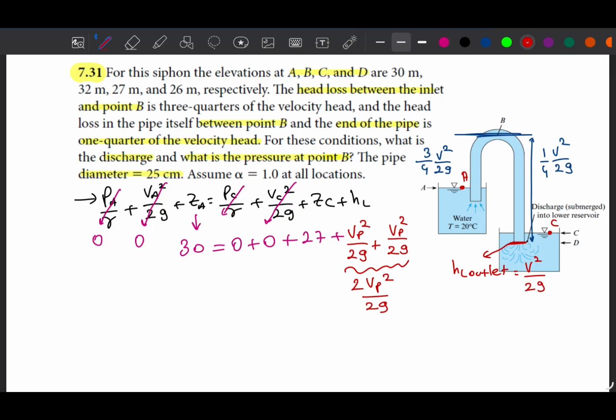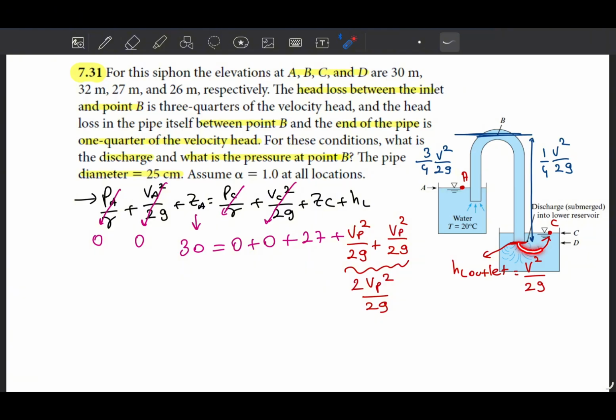Here the basic idea is the water is leaving the pipe at point D, and then it is actually flowing through the sea. So this means we can actually consider the head loss within this entire pipe plus the head loss at this exit, so that we have two velocity head as the head loss.